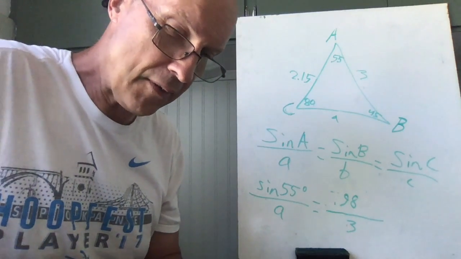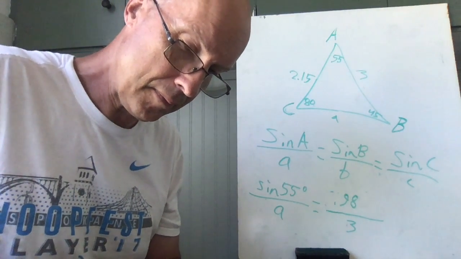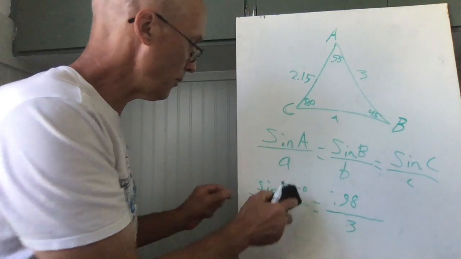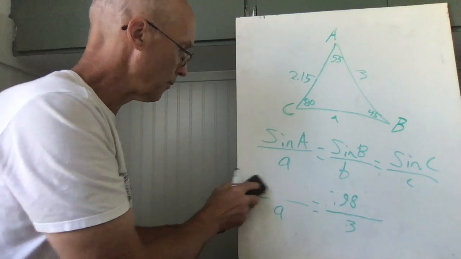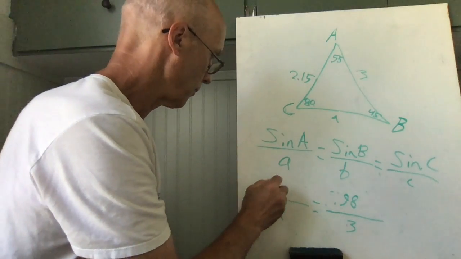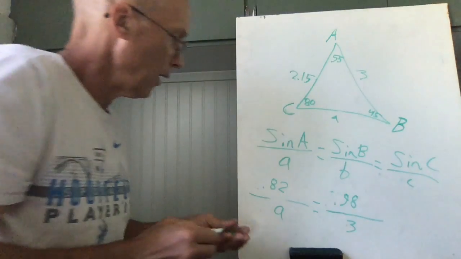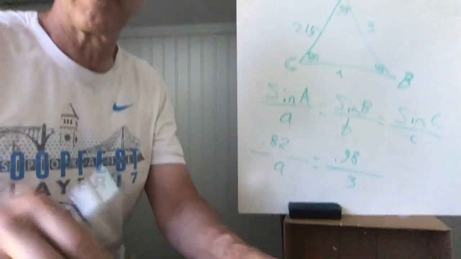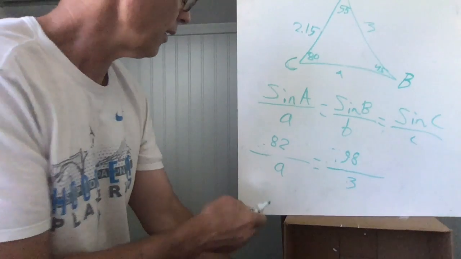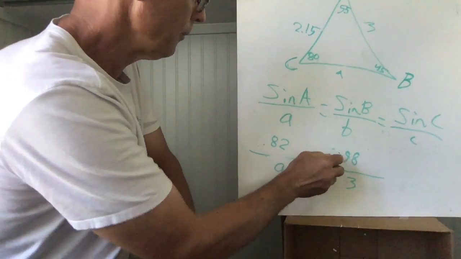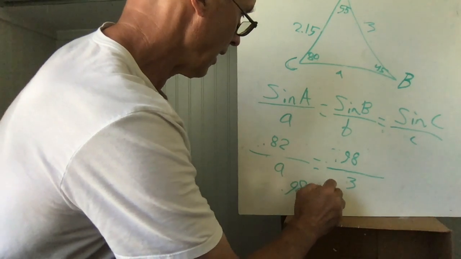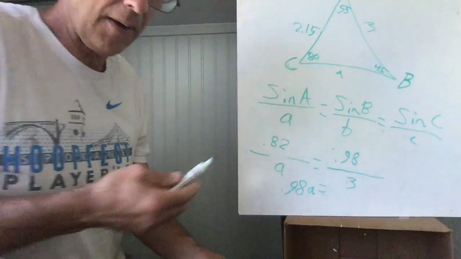Sine of 55 degrees, 0.82. Let's do this in a little more organized manner now. Can you see this? Let's cross multiply, okay? So 0.98 A equals 3 times 0.82.